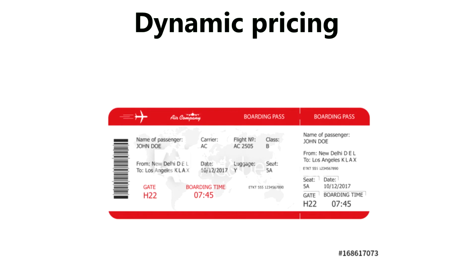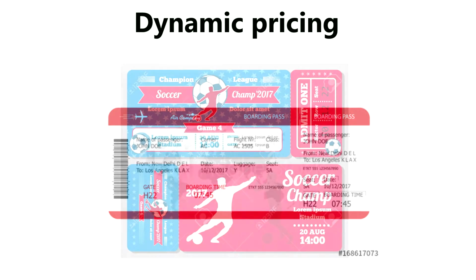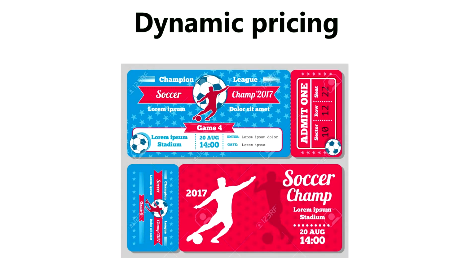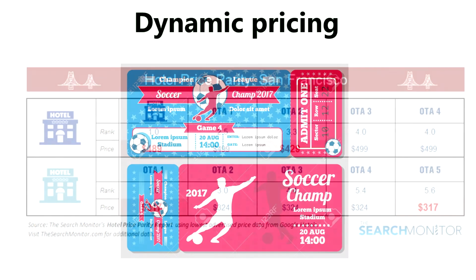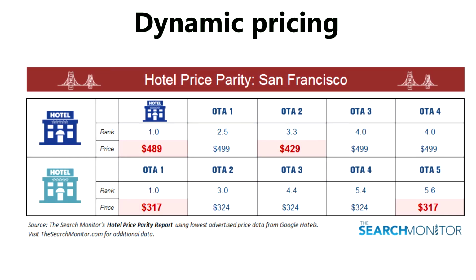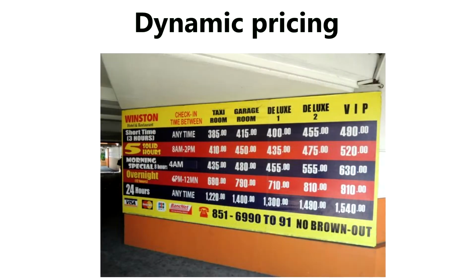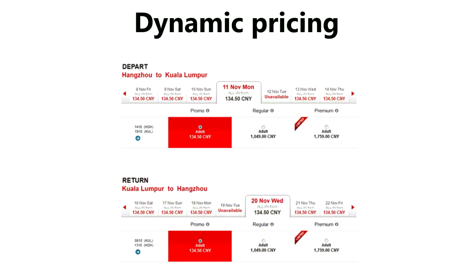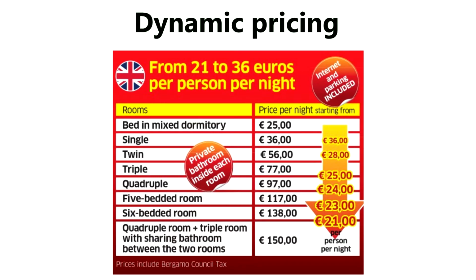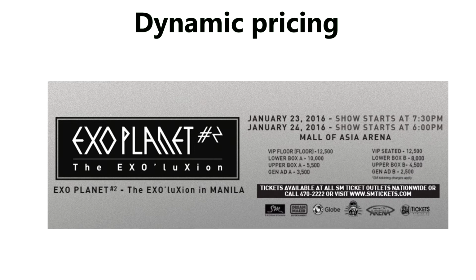Dynamic pricing is especially prevalent online. Services ranging from airlines and hotels to sports teams change prices on the fly according to changes in demand or cost, adjusting what they charge for specific items on a day-by-day or even hour-by-hour basis.